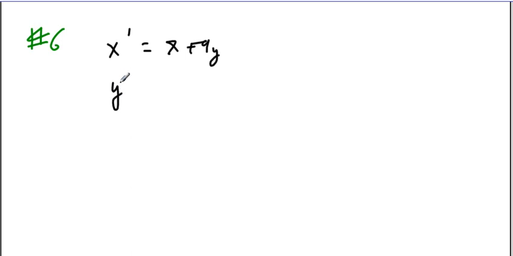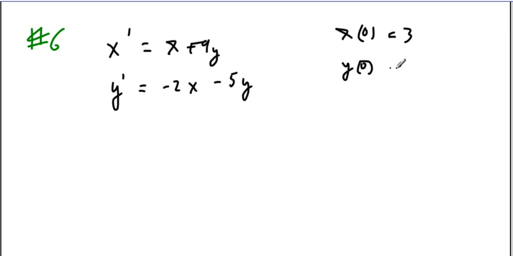And y prime is equal to minus 2x minus 5y. And I have initial conditions. x at 0 is 3, y at 0 is 2. And if I wasn't in this chapter, I would use Laplace Transforms. But I am in this chapter, so I'm not going to do that.